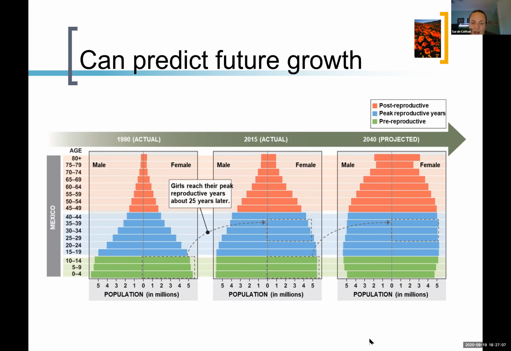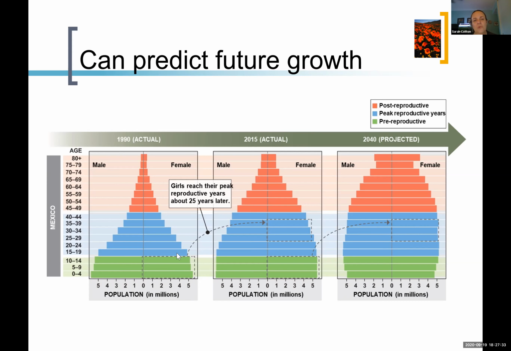So now this block of people is going to get bumped up to here. And some of them are going to die, so the bar gets a little narrower. And now these guys, girls I should say, are going to move up here because that's what happens when you age.